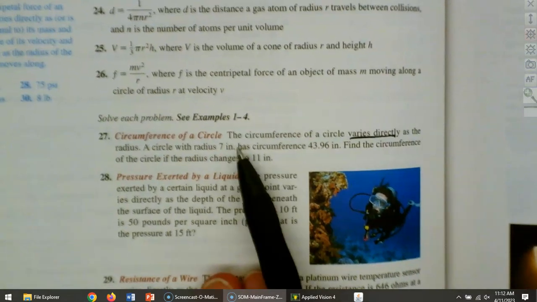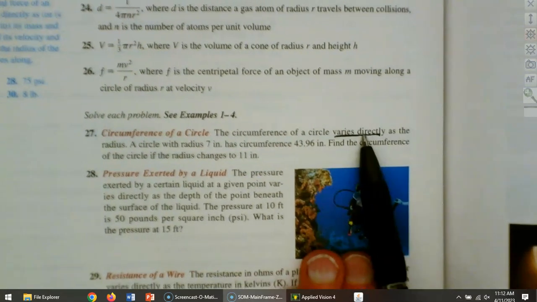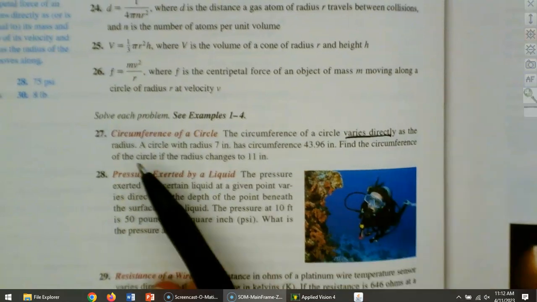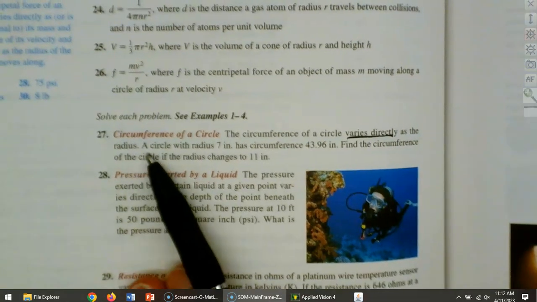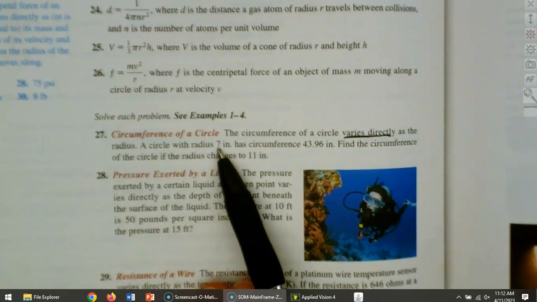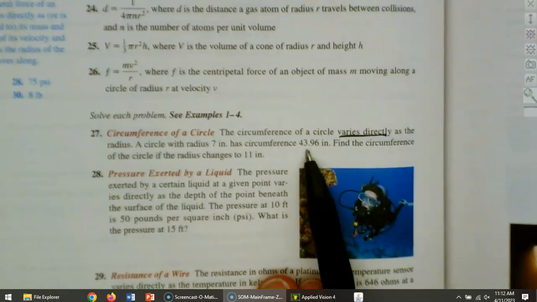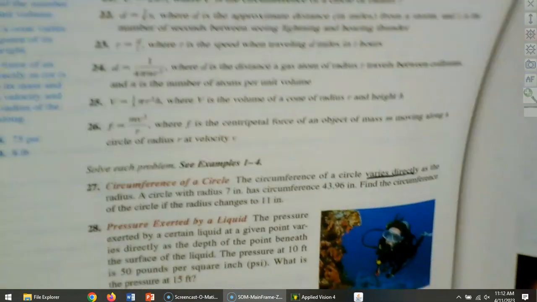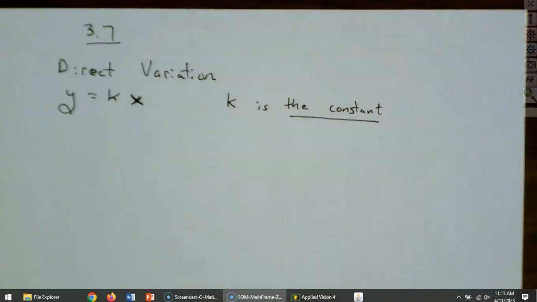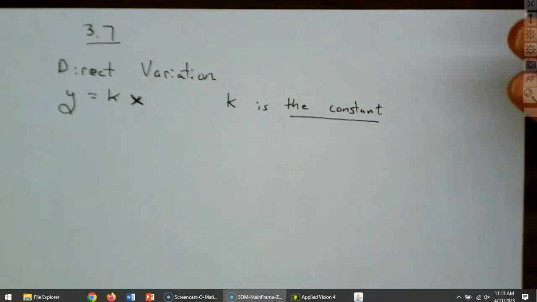And what does it say? It says the circumference of a circle varies directly as the radius of a circle. A circle with a radius of 7 inches has a circumference of 43.96 inches. So the circumference varies directly as the radius.